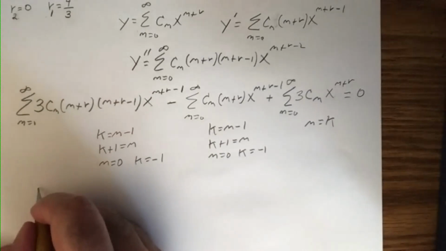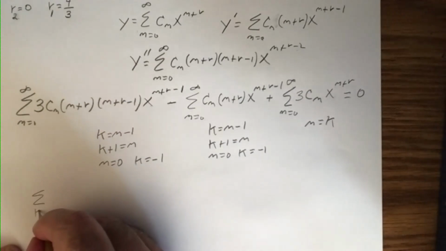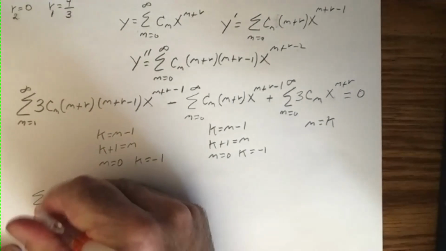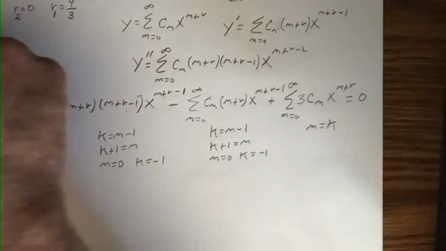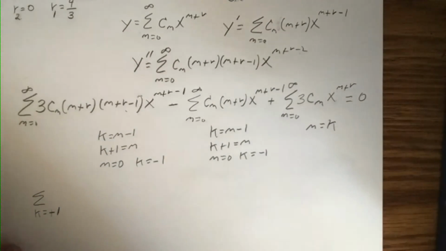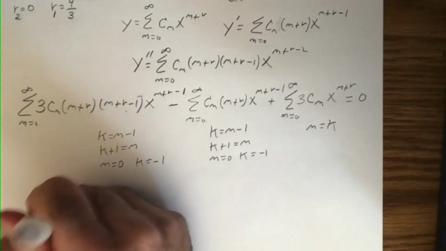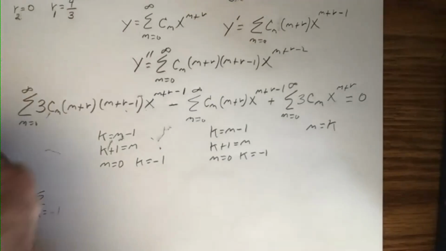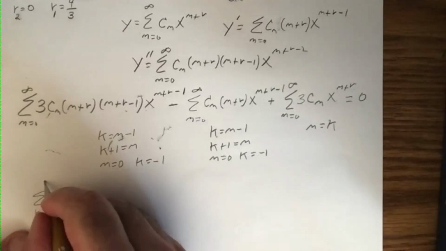Okay, so now I'm going to get summation, k is equal to minus 1 to infinity.